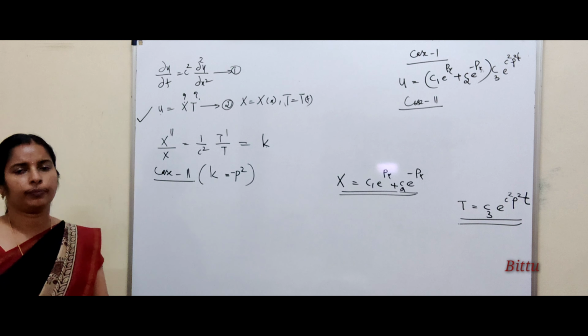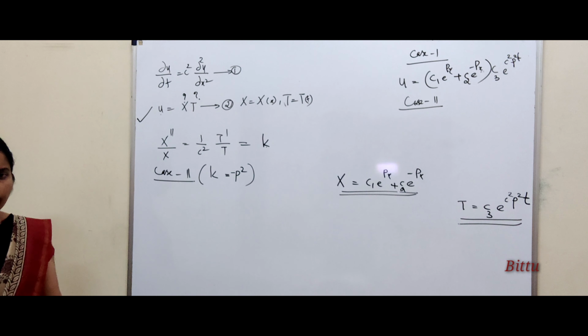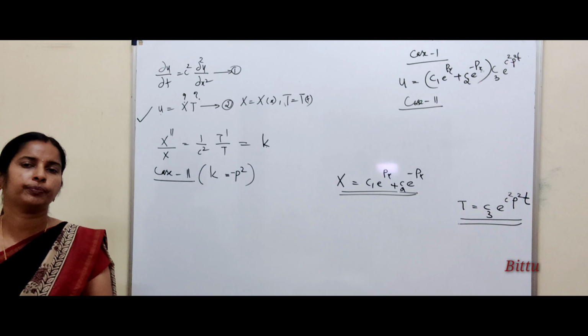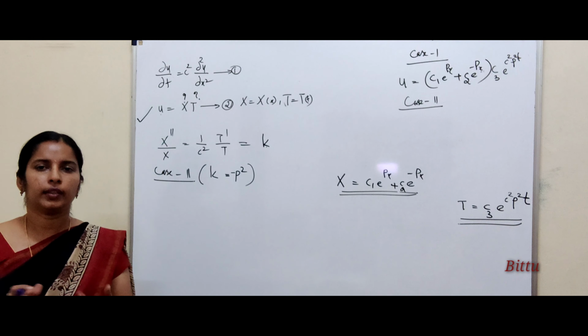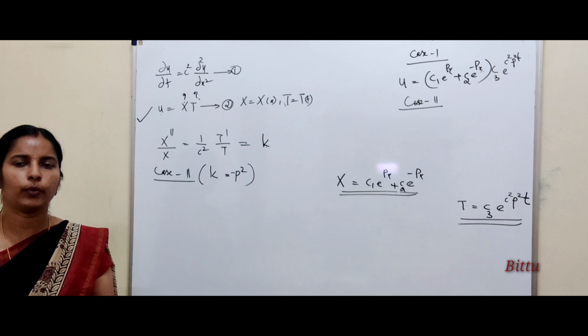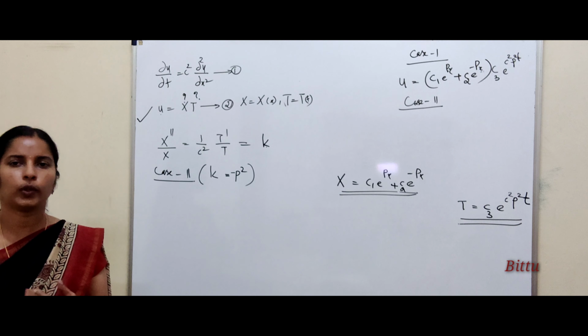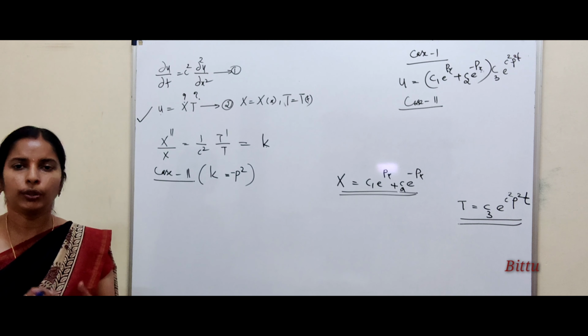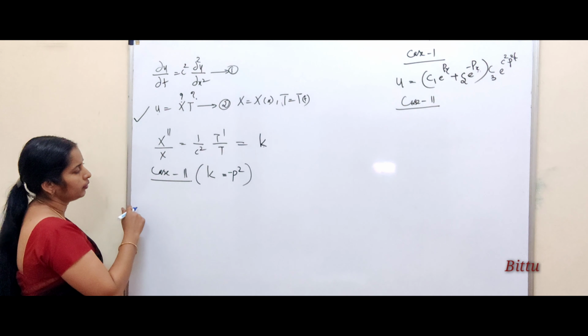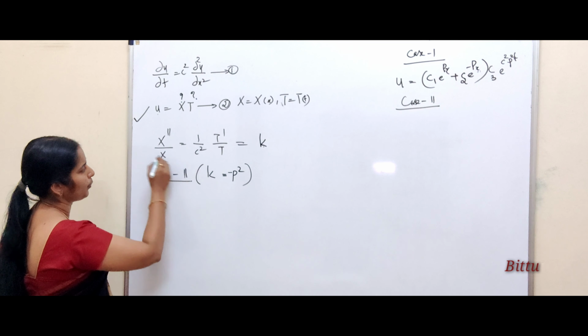In a similar way, you find two differential equations. You can see both differential equations are with constant coefficients. You can solve them by solving their auxiliary equations, and by the nature of the solutions of the auxiliary equation, you can easily write X and T. You put k equal to minus p square here.